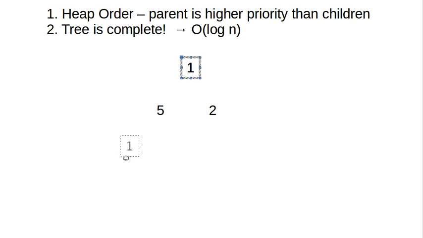The children of the 5 have to be larger numbers than 5, so let's say 7 and 6, and then we'll just put one child on the 2, and that is a 3, and I'll go ahead and link these things up.